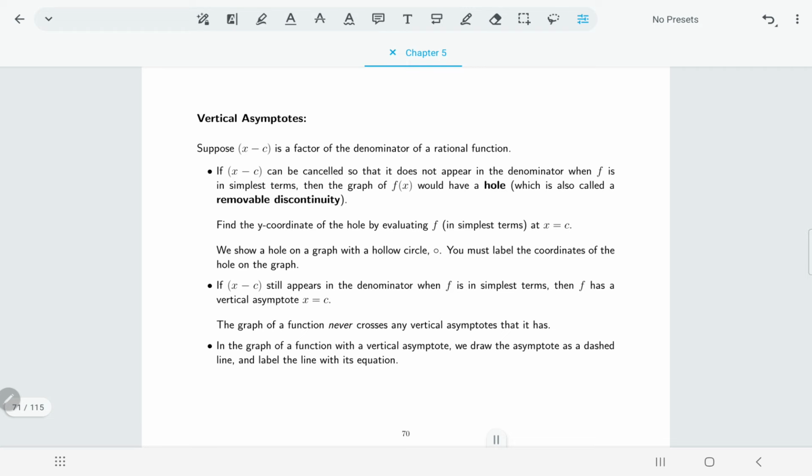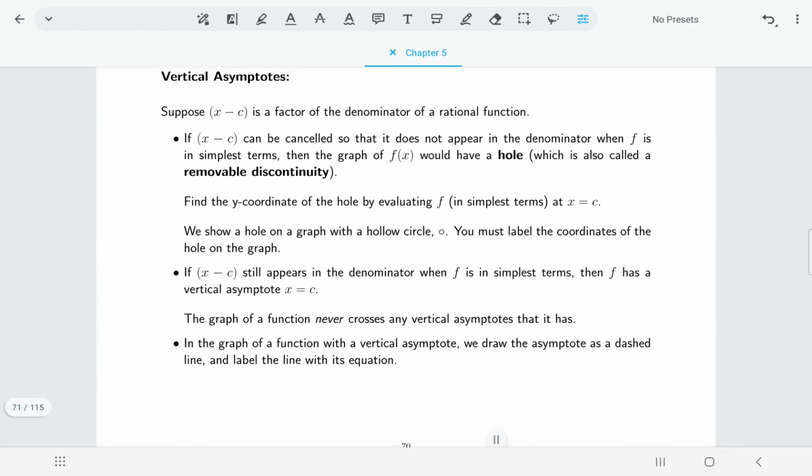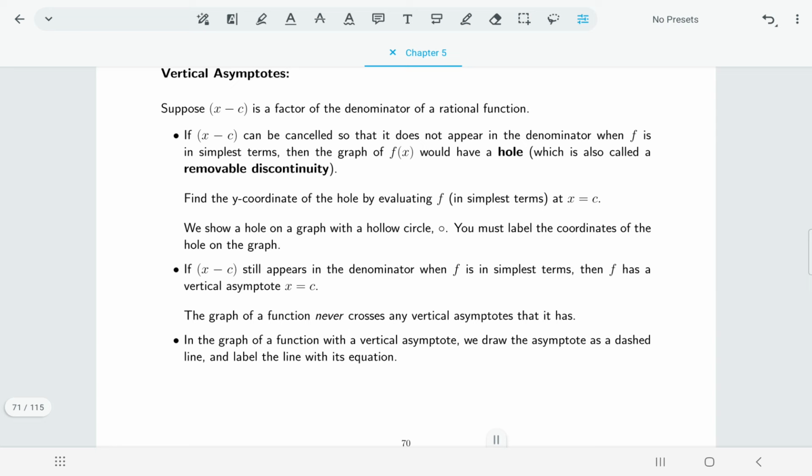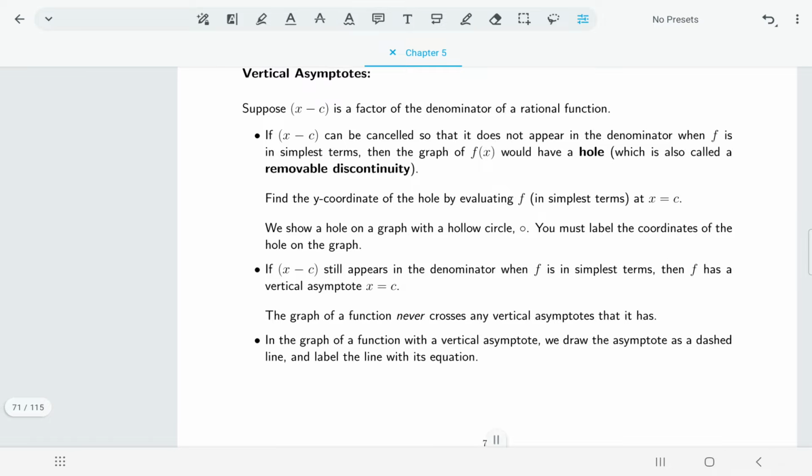So to begin with, deciding whether we have a vertical asymptote or a hole in the graph really is going to depend on what our function looked like before we simplified and what it looked like after we simplified. If we look back at the previous example, we might notice that we had two different factors in the bottom that gave us excluded values.